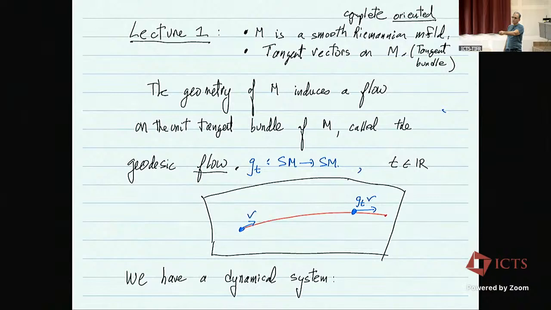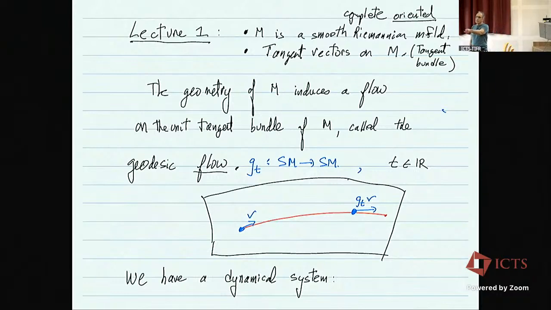If you start with a tangent vector on the manifold, based at some point, it points in a direction and determines a geodesic, and you flow along that geodesic for time t. There's a unique vector there, tangent to the geodesic, and that's the image under the geodesic flow.